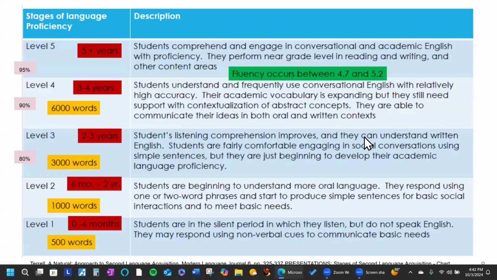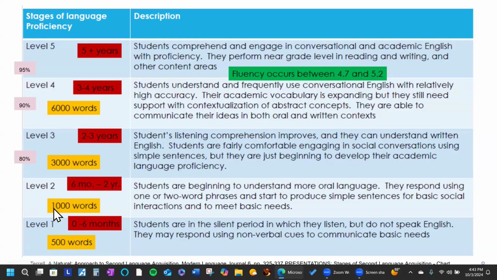I found this chart several years ago, and again, it's linked down below. And this gives you an idea of the proficiency level and the number of words that are learned in English at each proficiency level. So by the end of level 1, they usually have about 500 new words in English.